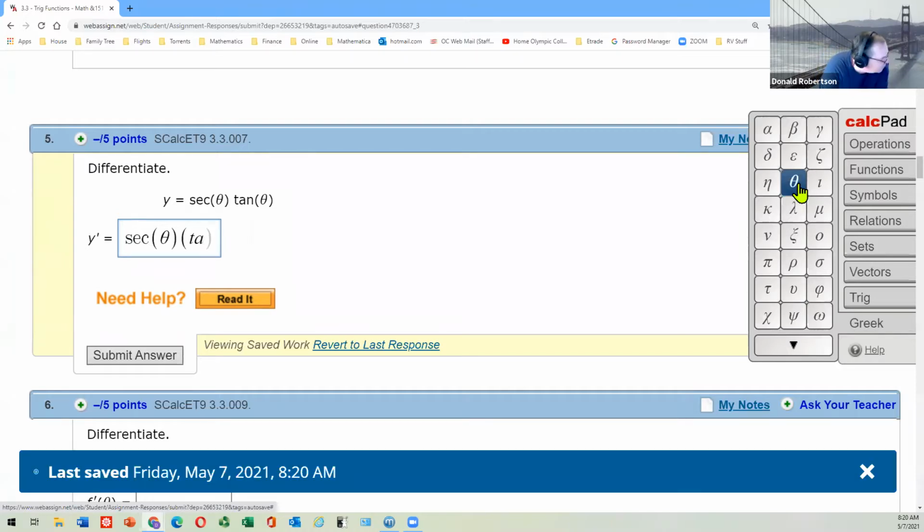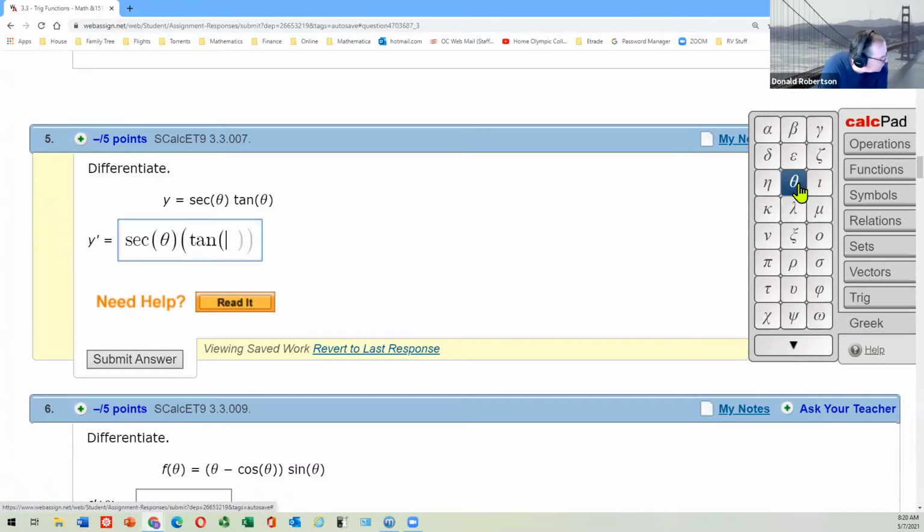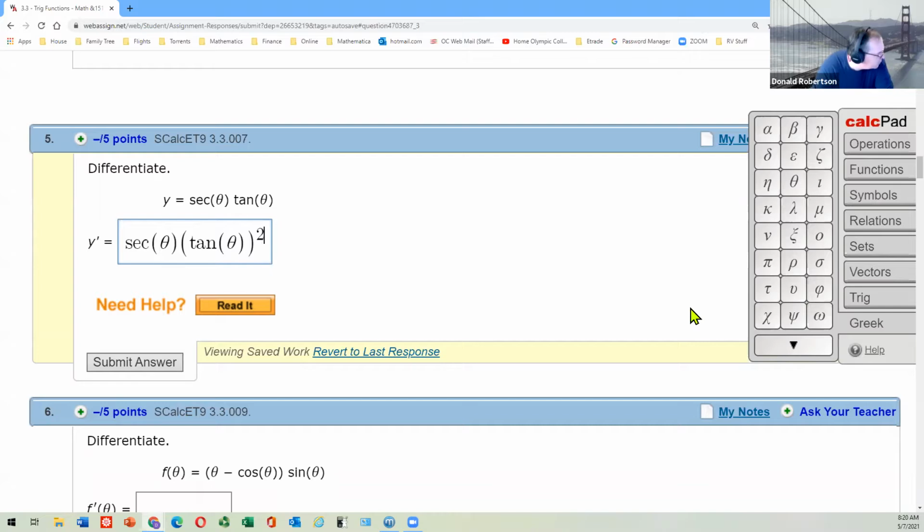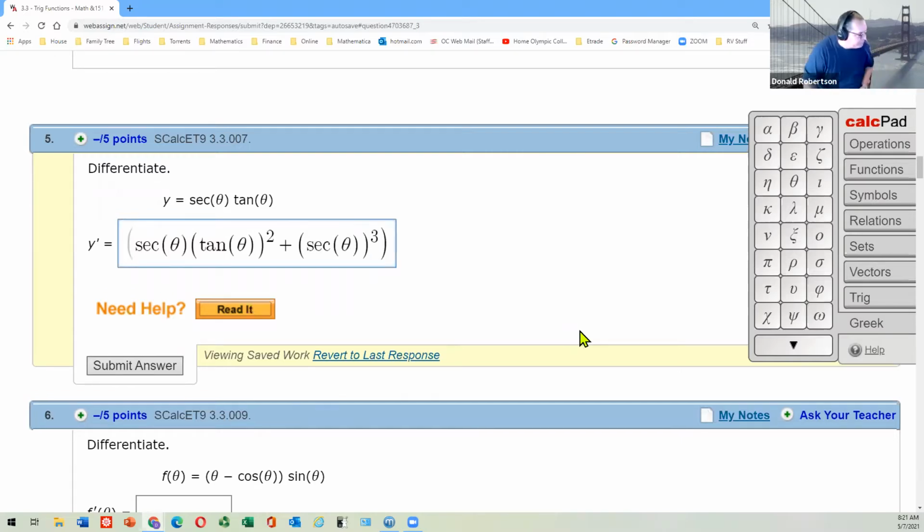Tan of theta, to the power of squared, plus secant theta cubed.